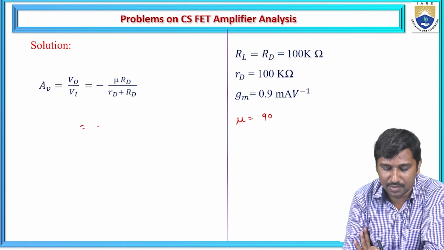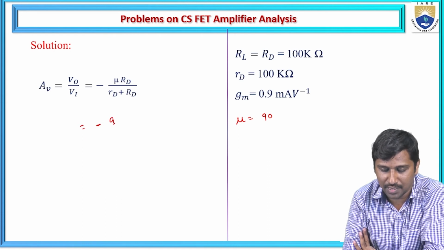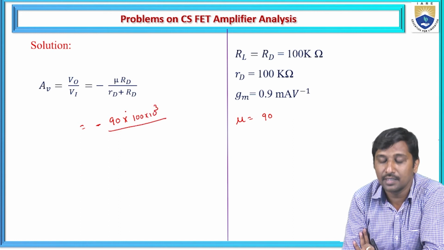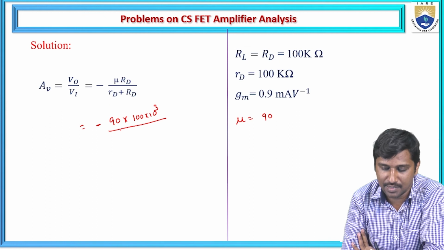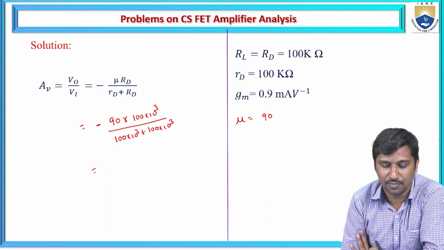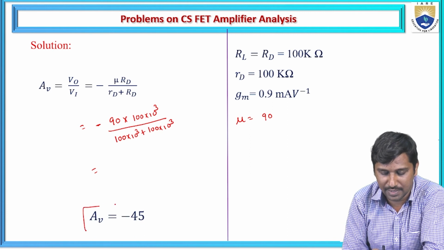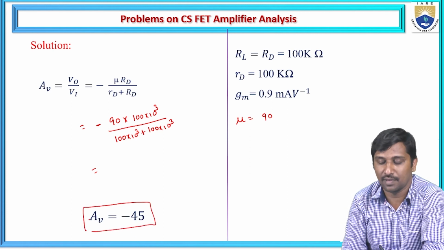Hence, mu is 90, capital RD is 100 kilo ohms, 100 into 10 power 3, divided by the internal AC resistance, which is also 100 kilo ohms, 100 into 10 power 3, plus capital RD, also 100 kilo ohms, 100 into 10 power 3. If you simplify this ratio, it gives that the voltage gain is minus 45.